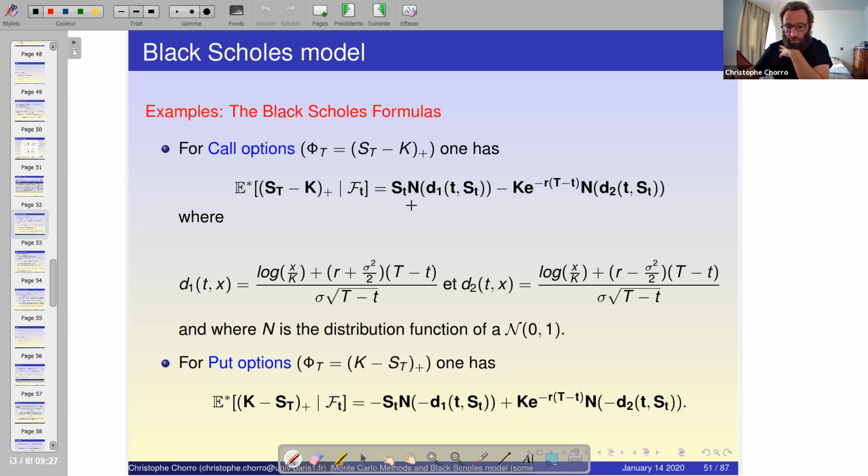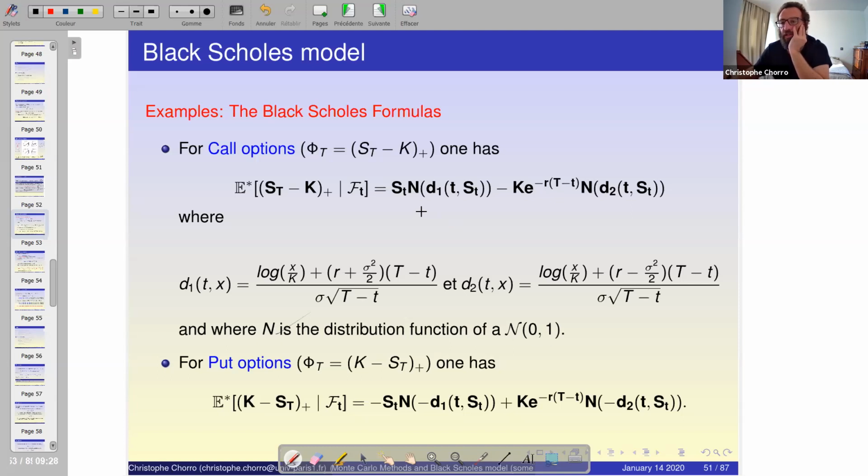So the prices are given by these expressions. It means that in this very particular situation, the computation of the prices in the Black-Scholes model for the call and the put, I don't need to approximate this conditional expectation because I have nice expressions here, where capital N is none other than the distribution function of a N(0,1).